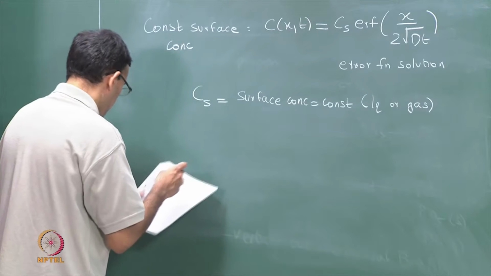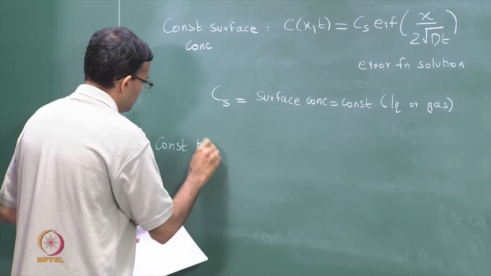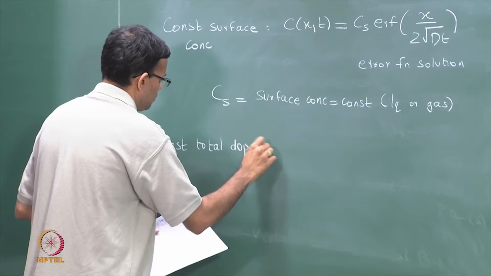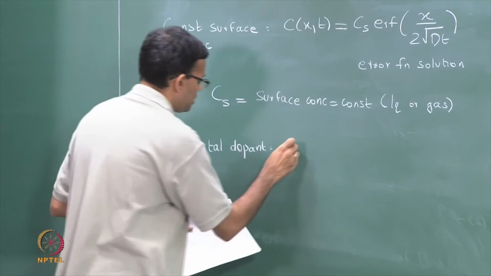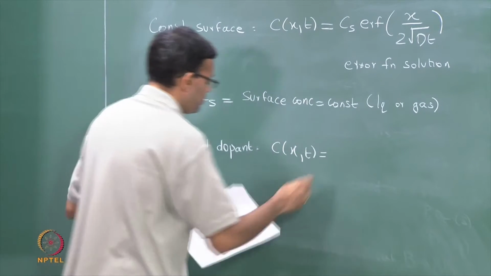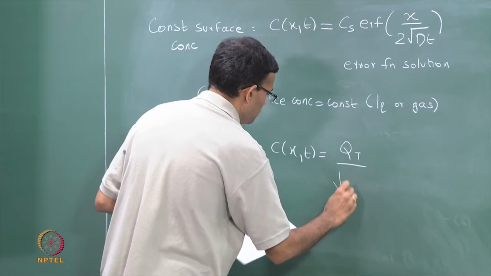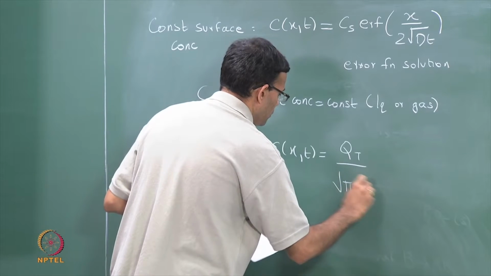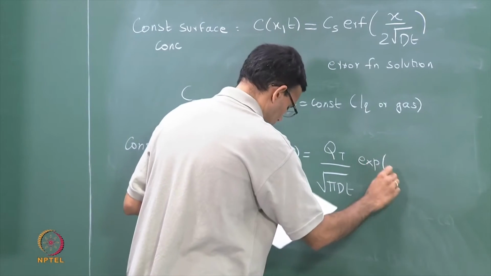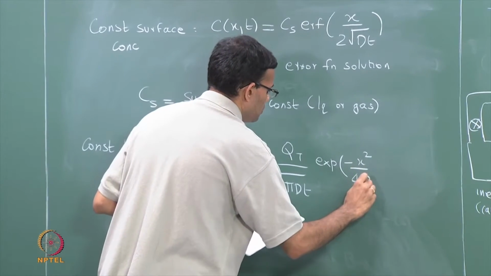So here, if you have a constant total dopant, the solution is an exponential solution: C of x comma t equals Qt over square root of pi Dt, times exponential of minus x squared over 4Dt.